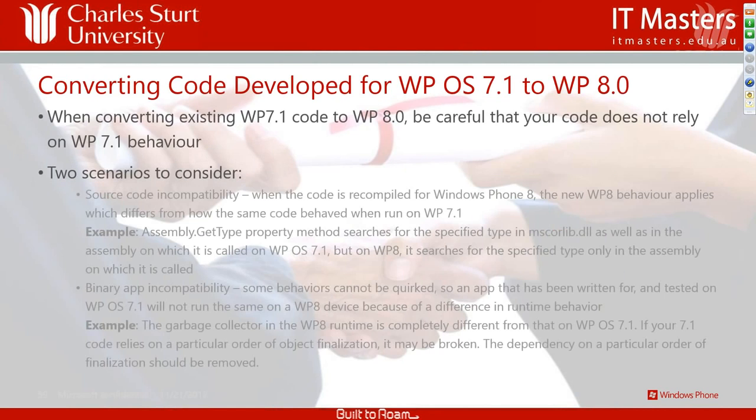So this means that there is an upgrade path for your Windows Phone 7 applications. It does mean that you can't just run through the upgrade process and assume that your application is going to work. There are certain areas around source code compatibilities and even binary compatibilities where you may expect something to work and it just doesn't, just because some of the operational mechanisms behind Windows Phone 8 have changed slightly.